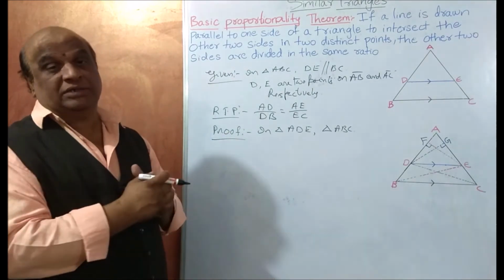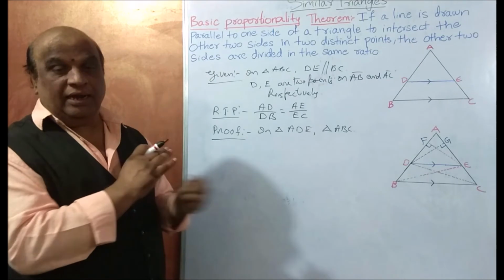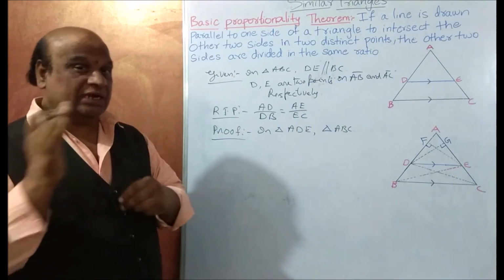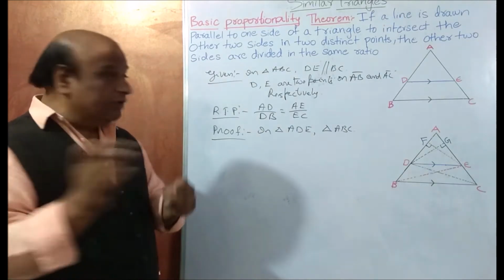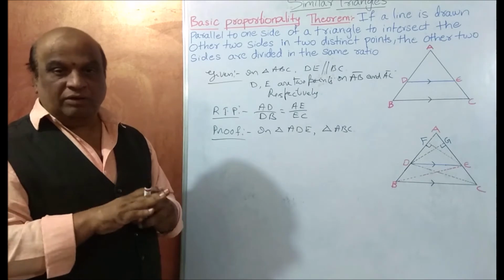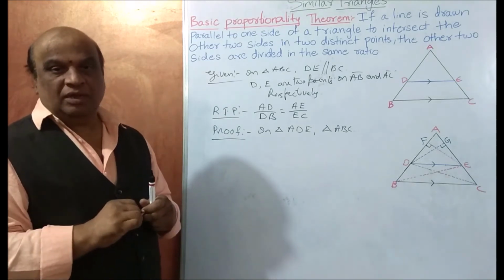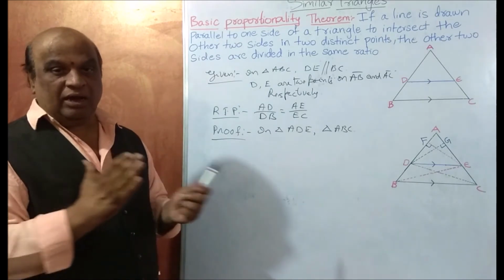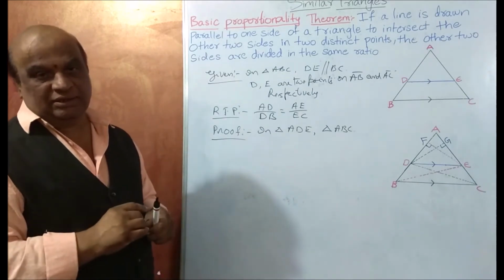Already we learned the conditions. AAA condition is there, SSS condition is there, SAS condition is there. Which one is possible in this case? We have three options: AAA or SSS or SAS.